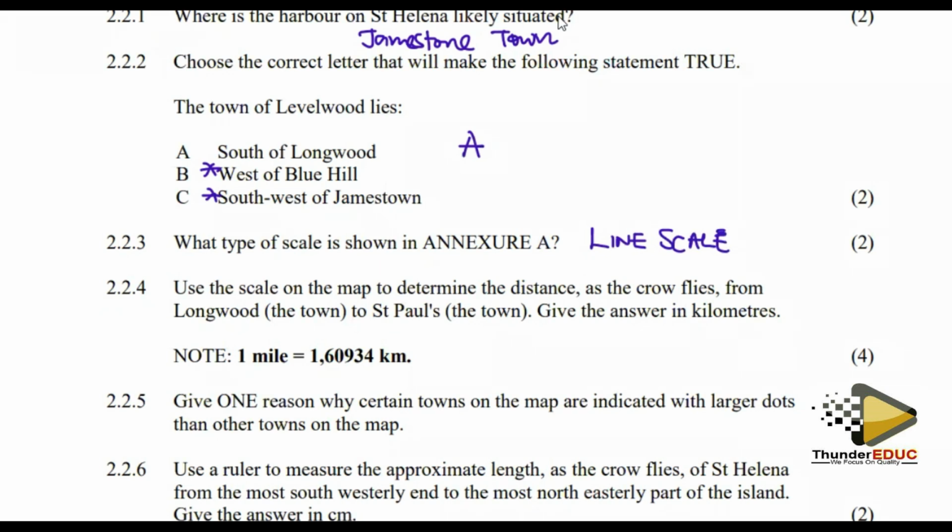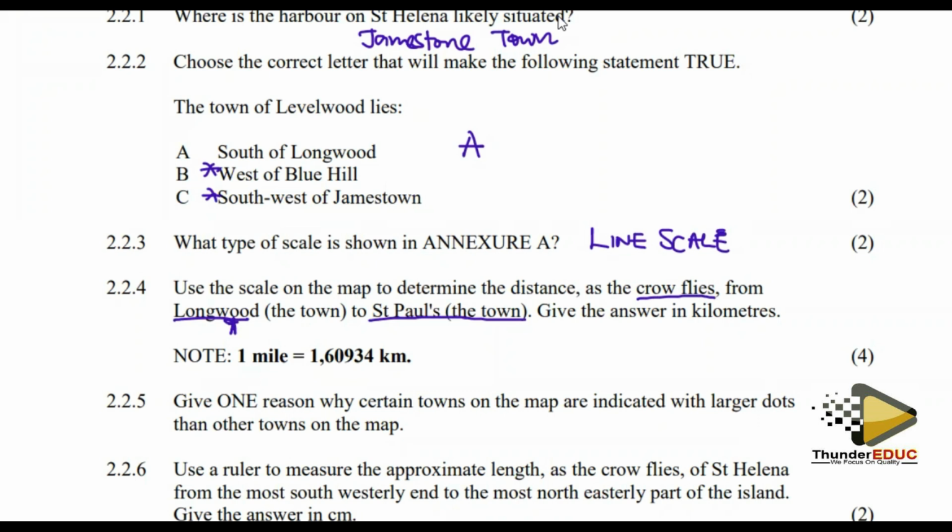Use the scale on the map to determine the distance as the crow flies from Longwood to St. Paul town. Give the answer in kilometers.